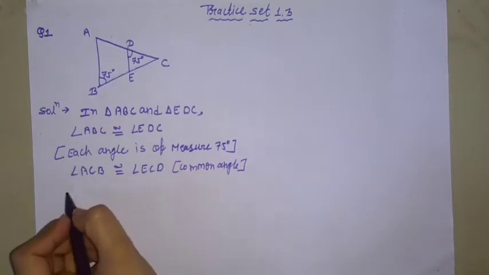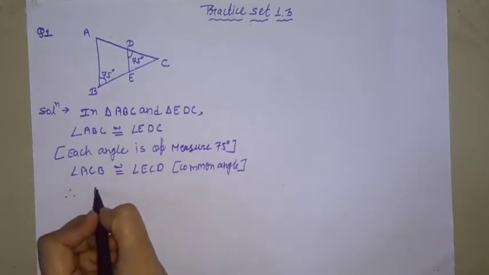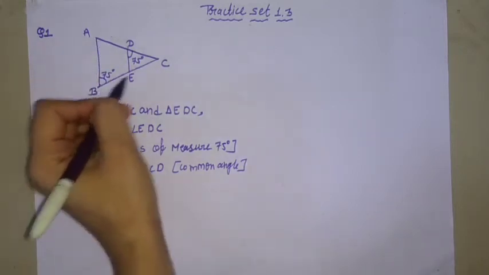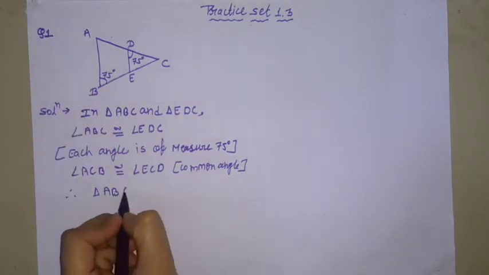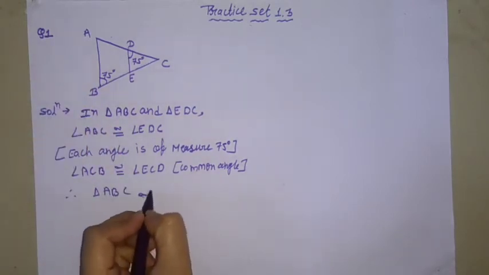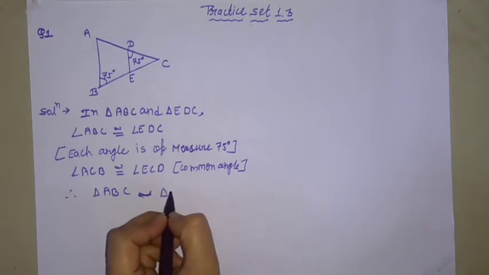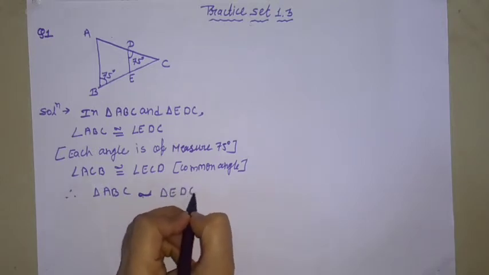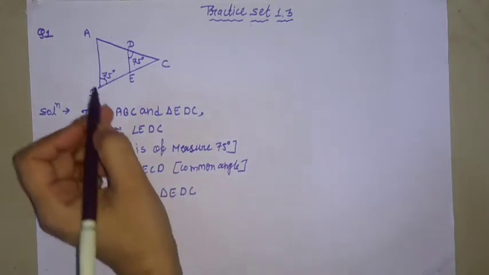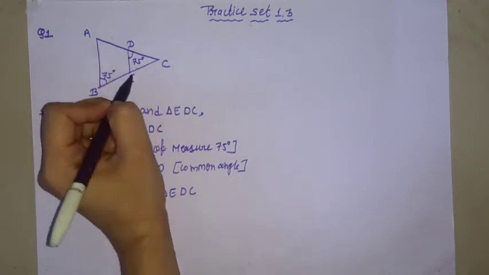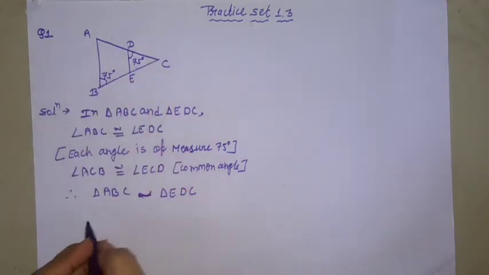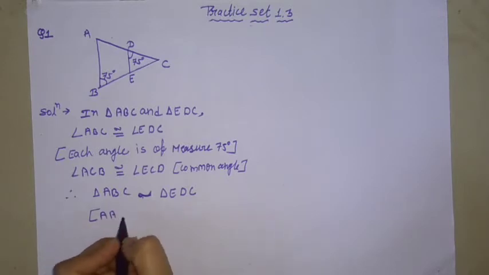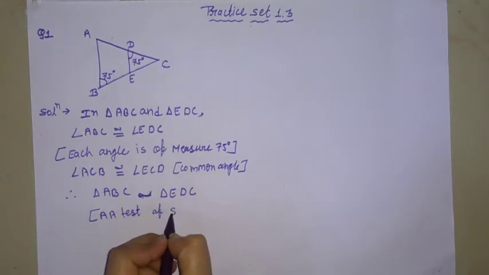By common angle, therefore triangle ABC is similar to triangle EDC. ABC and EDC are similar by AA test of similarity.